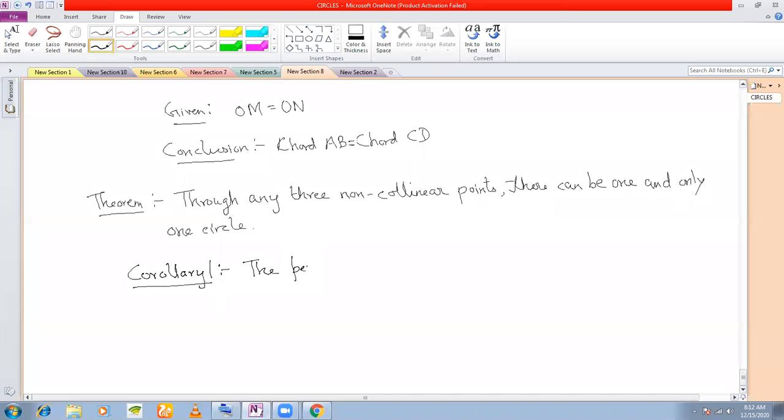The perpendicular bisector of a chord of a circle must pass through its center.